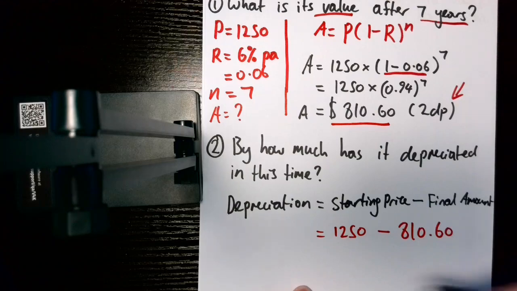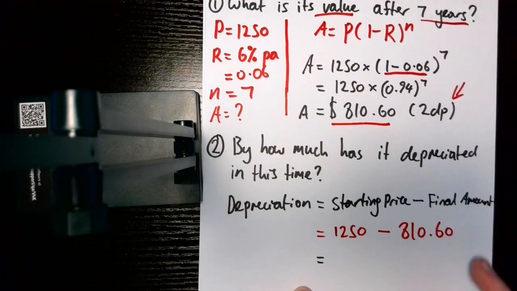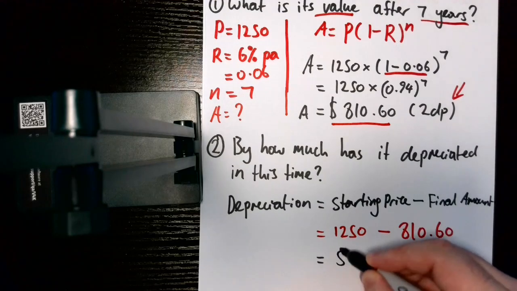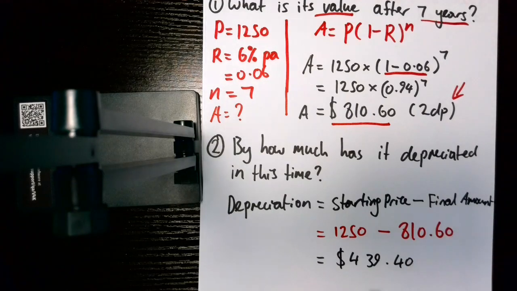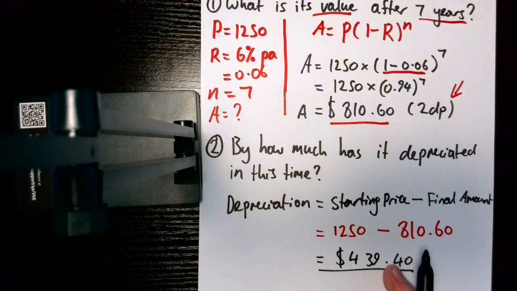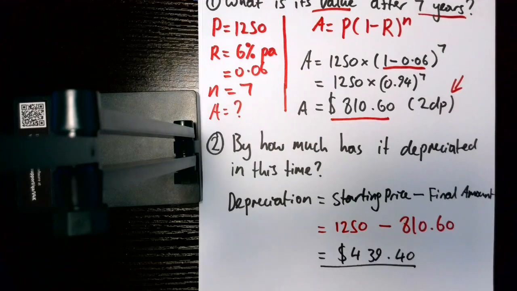And what you can do here is go ahead and plug these into your calculator, and you'll come up with an answer of $439.40. So over 7 years, the amount of depreciation that's happened is $439.40. It's gone down by that much over 7 years.